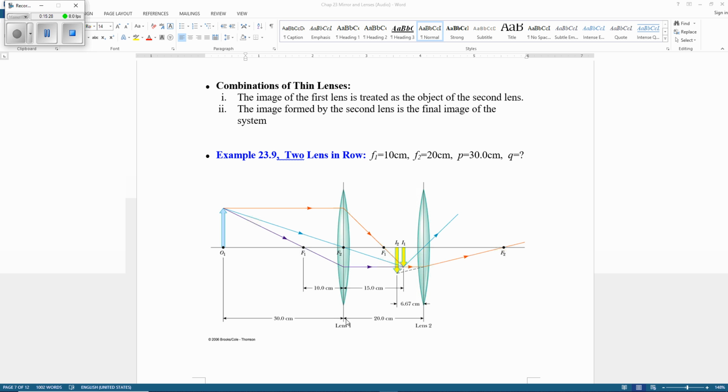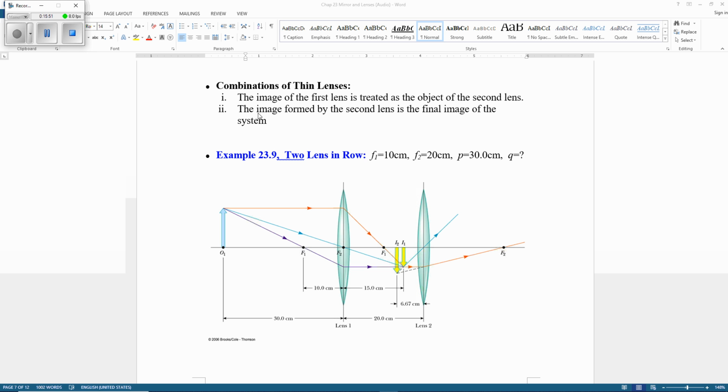If you know the distance between the two lenses is 20, how can we find the object distance for the second one? It should be 20 subtract 15, right? Then that will give you the object distance for the second one.